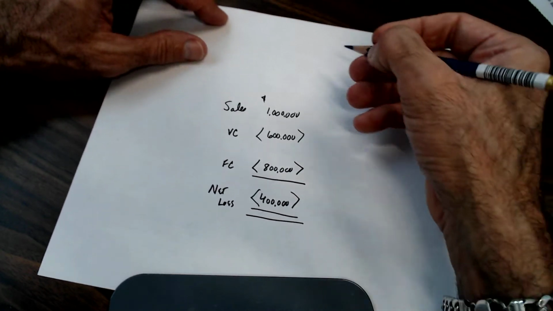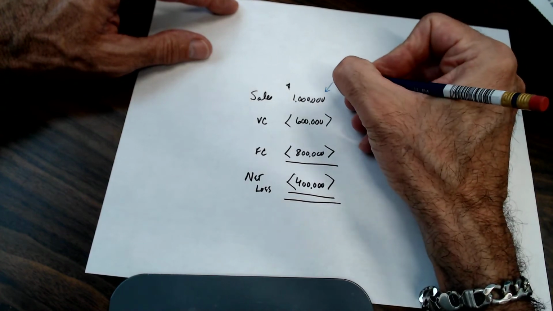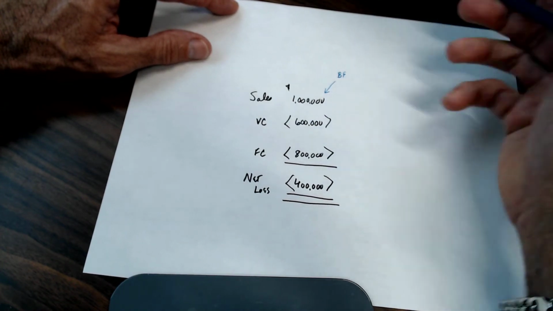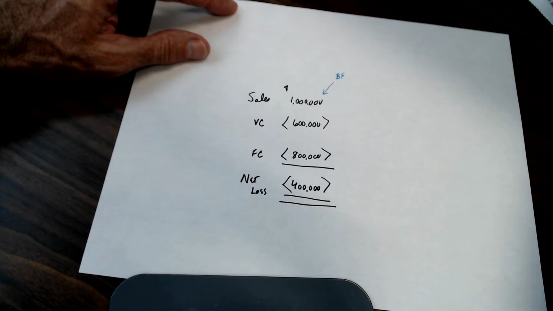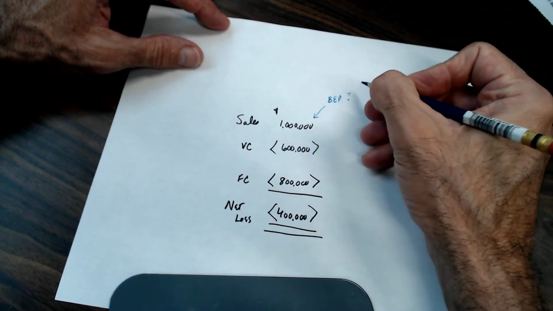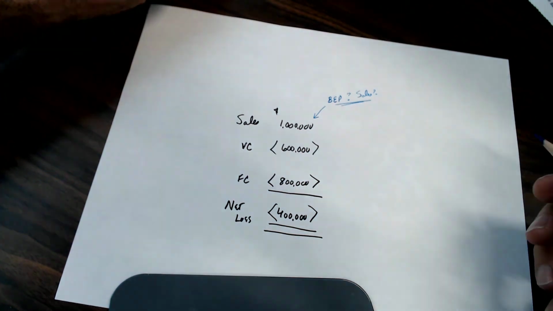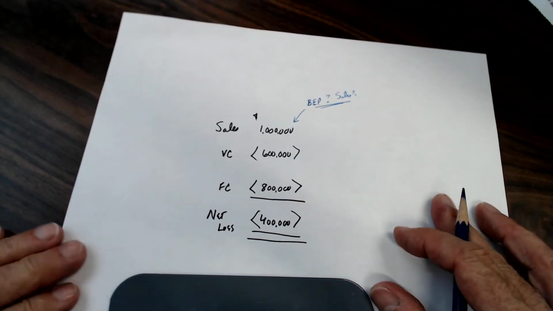So I want to know, what do their sales need to be to break even? Break-even point in sales. What do their sales need to be just to break even?